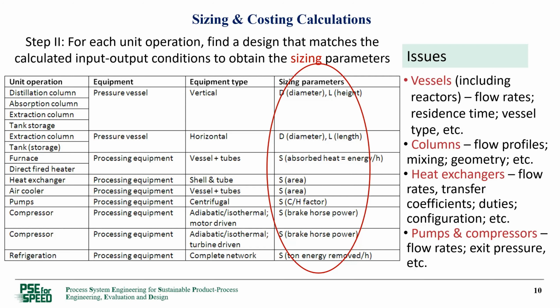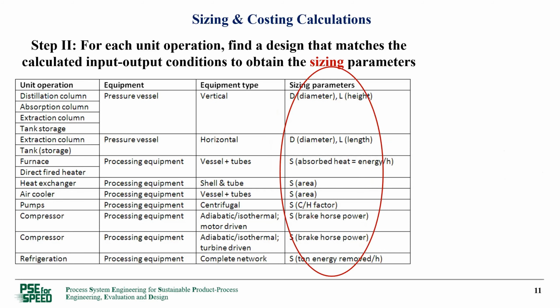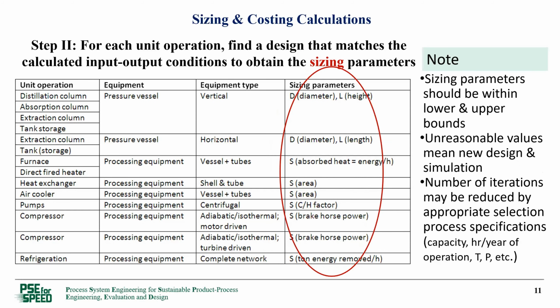Also, we can see that in terms of sizing parameters, if we find, let's say, a diameter of a column or a length of a column, what is the lower limit, what is the upper limit? It's not very clear, but if we look at the industrial columns, one could see the general trend of the diameter and length of big or small columns.